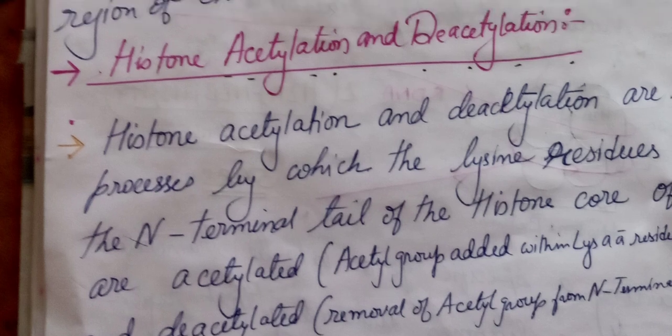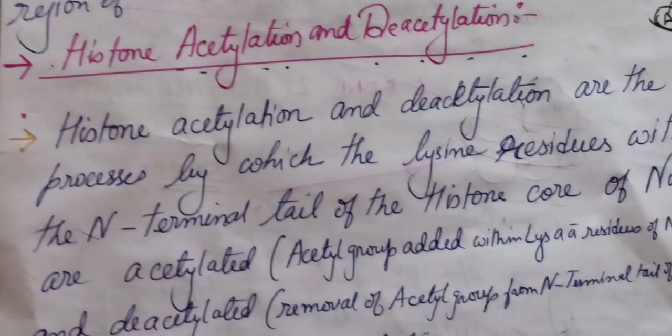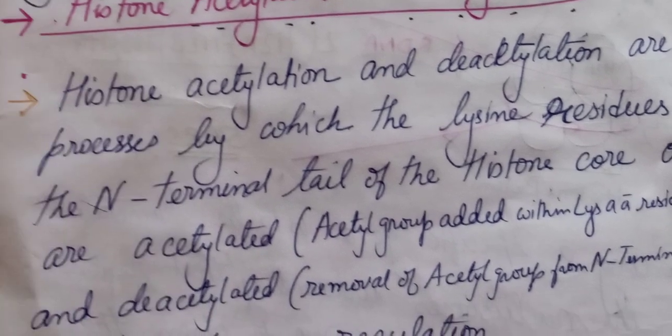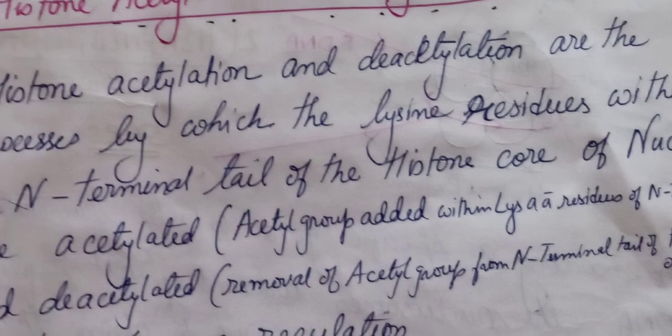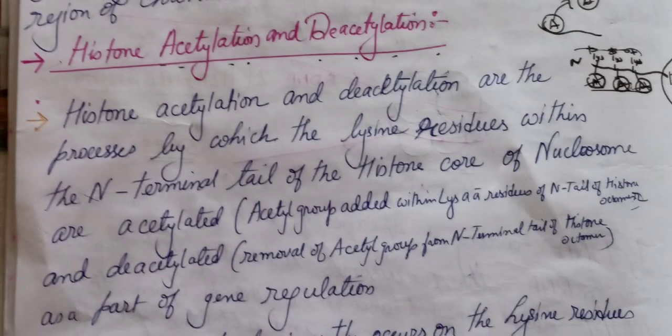Again I repeat, histone acetylation and deacetylation are the process through which the lysine amino acid residues within the N-terminal tail of the histone will be acetylated or deacetylated. Means what?